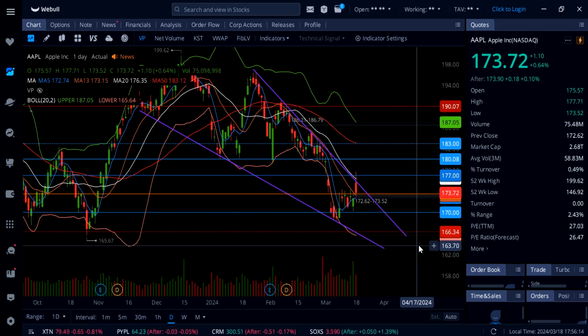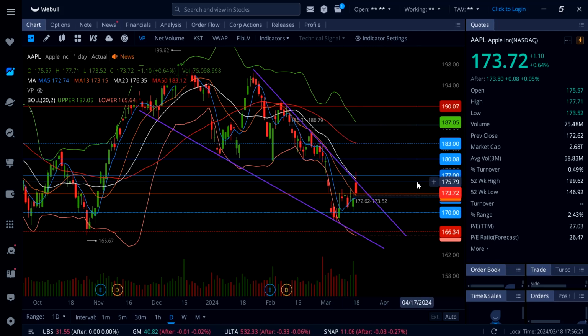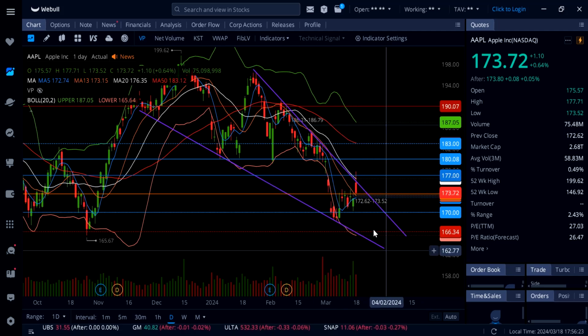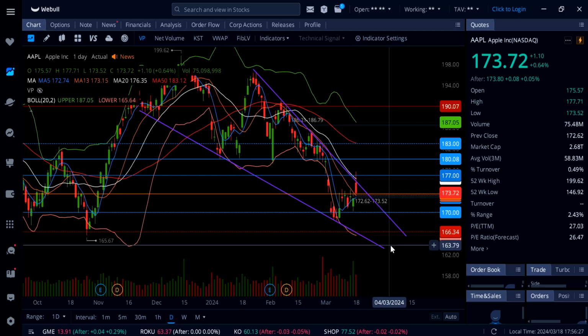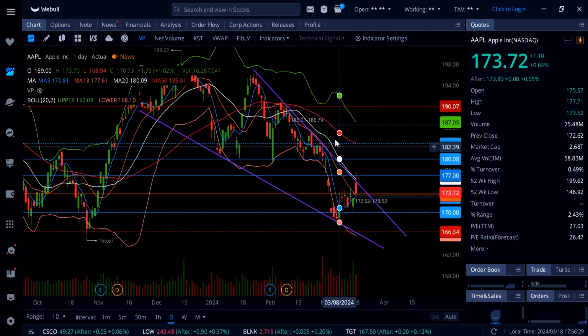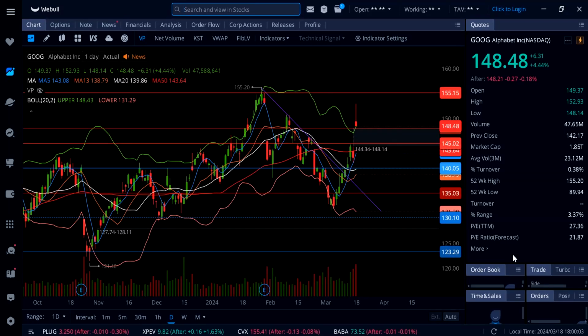But the moment we get that breakout right here on Apple above 175 to 176, and Apple also takes out 177, it's gone. This downtrend definitely ending, and you're going to see more upside on Apple, possibly up to this gap, 186.79.